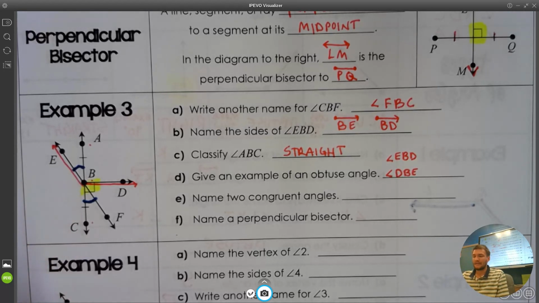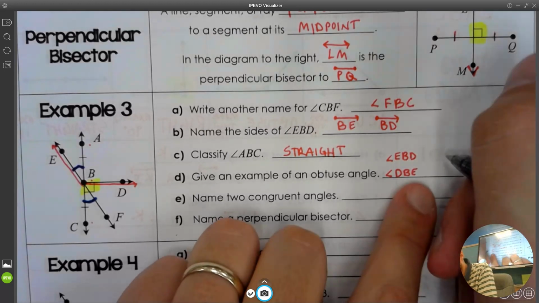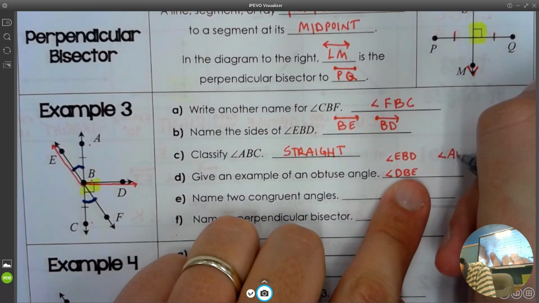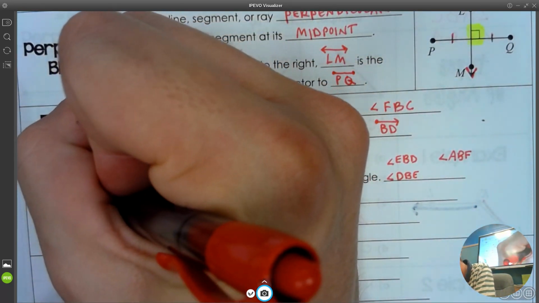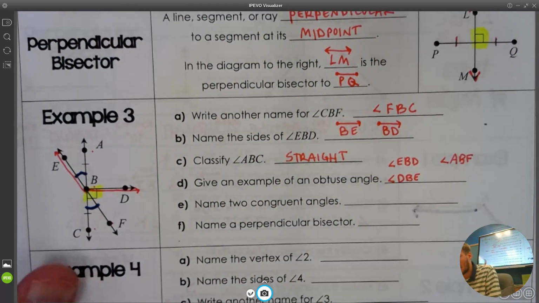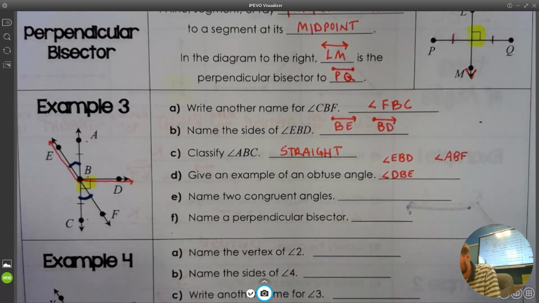Another little challenge. Can you find another obtuse angle? Nice catch. Angle ABF, going from A to B to F. That is an obtuse angle. That is greater than 90 degrees. Of course, that's the same thing as FBA.